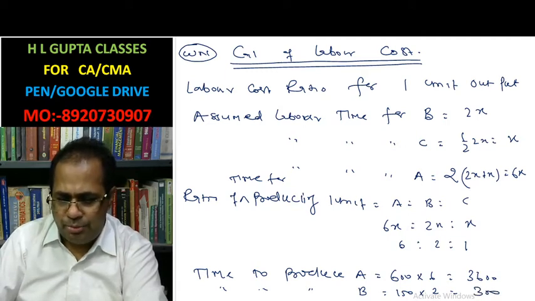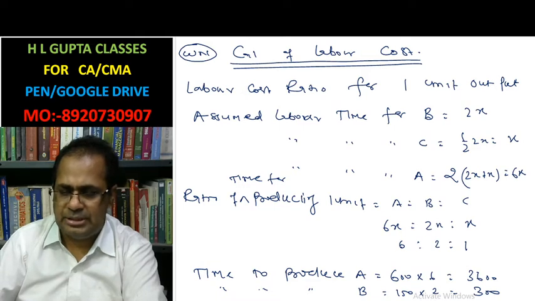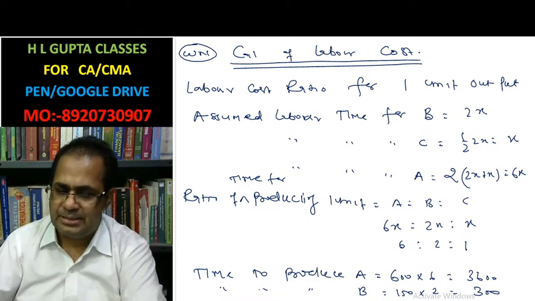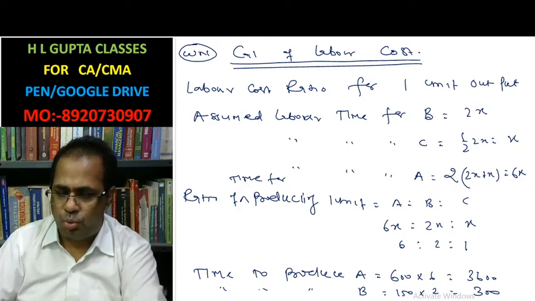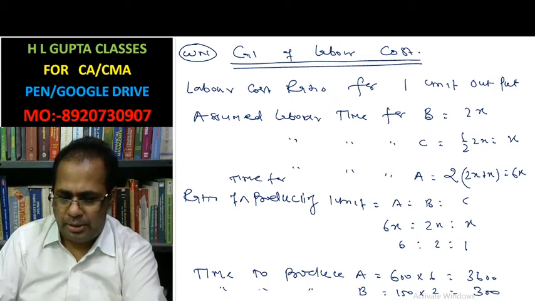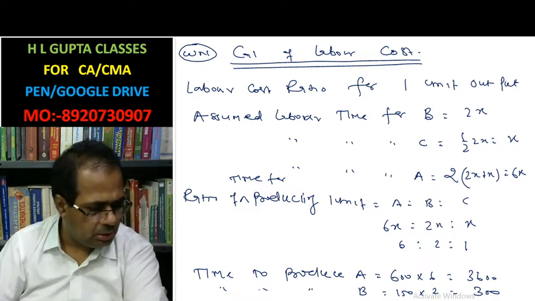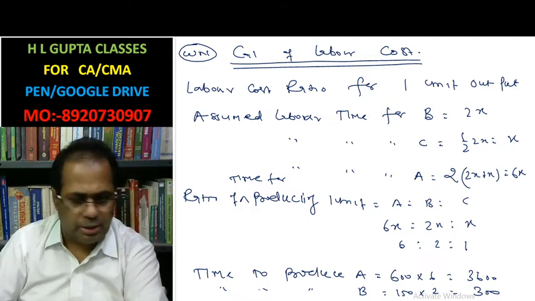Time to produce C: 200 into 1, this is equal to 200. Ratio becomes 3600 is to 300 is to 200, that is equal to 36 is to 3 is to 2.